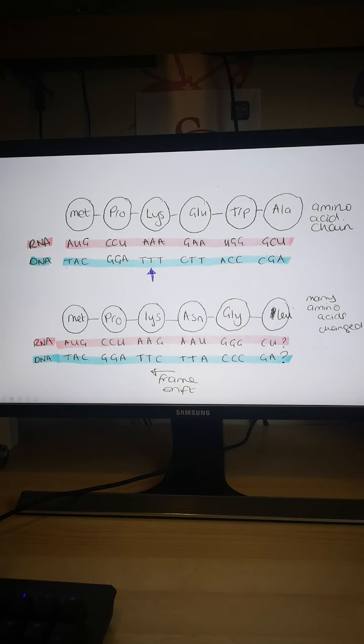So there's an A missing here and a T missing here. They've been deleted. And everything else has moved to the left by 1 in a frame shift, which should result in a change downstream of amino acids. Okay, so you can see mine has yours. Okay, brilliant. That's what I want to show with our deletion mutation.